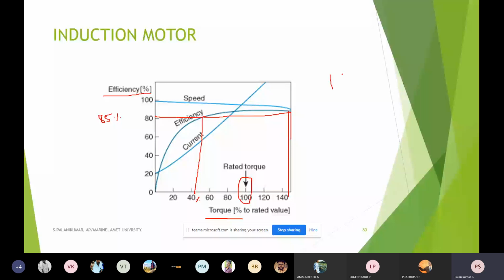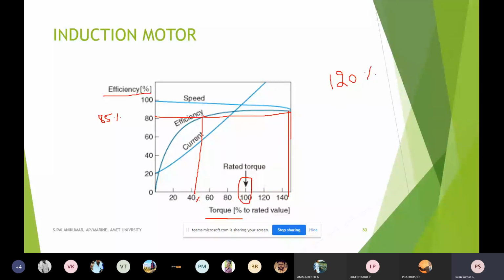The motor will be designed to bear that situation, so the torque will also be increased. Sometimes at a lower speed, say 80 percent, I can increase the torque also by means of circuit arrangement, up to 120 or 140 percent.